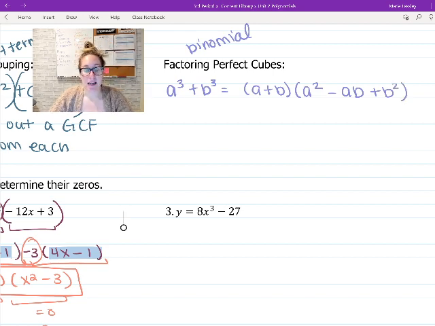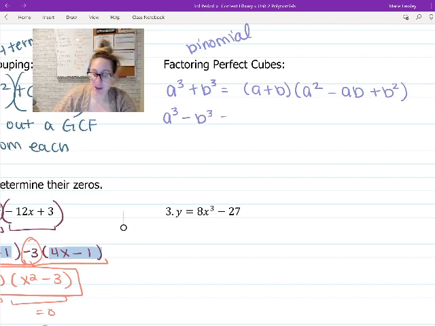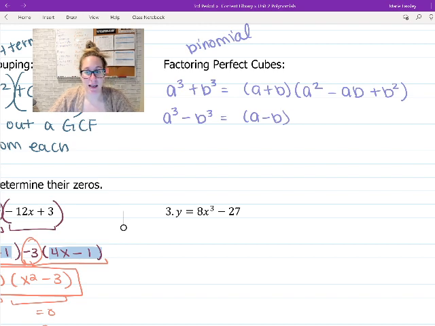You can also do this with a minus sign between your 2 perfect cubes. So if you had a cubed minus b cubed, this would be a minus b in the first parentheses. In the second parentheses, it would be a squared plus a times b plus b squared.